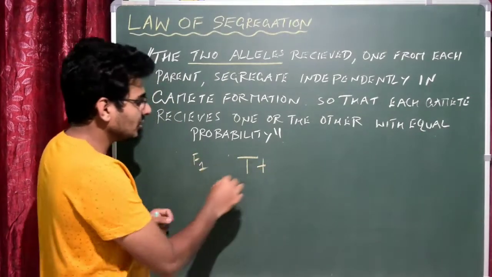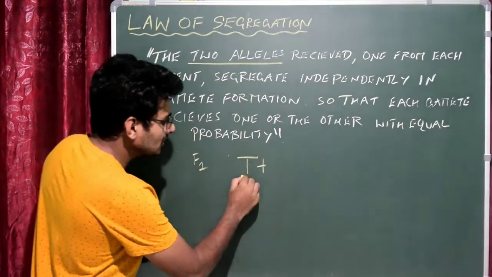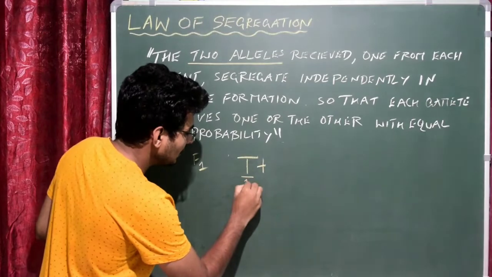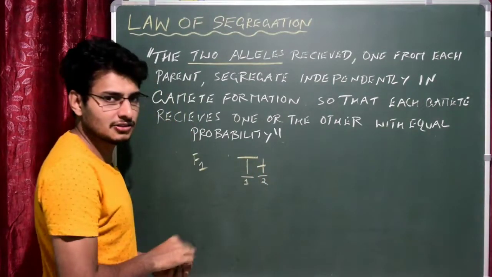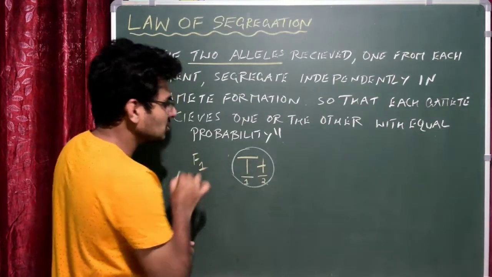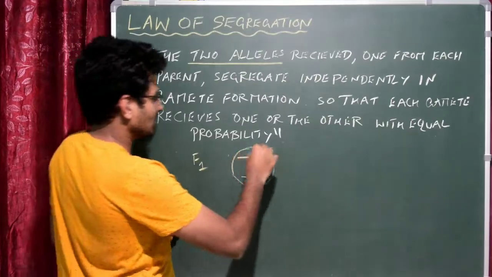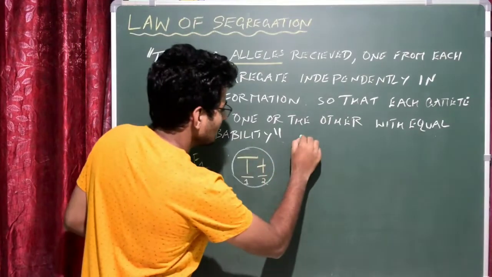So you know that the two alleles are received, one from each parent. We have two alleles here, let us say one allele and the other allele. The two alleles are present within one organism, which is a heterozygous tall plant. One allele is given by the parent.